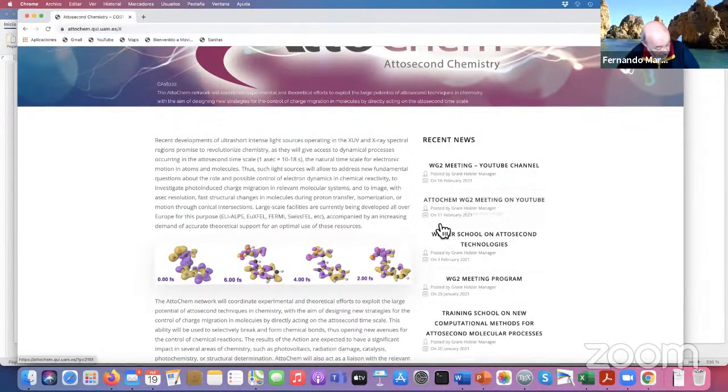And also, if things go on improving in Europe, as it seems to be the case, I encourage you very much to apply for short-term scientific missions, which are devoted mainly to collaborations between different nodes of the Attochem network, in which a researcher applies for some funding and can spend from 1 week up to 2 months in one of the Attochem nodes to develop a scientific project in collaboration with another group.